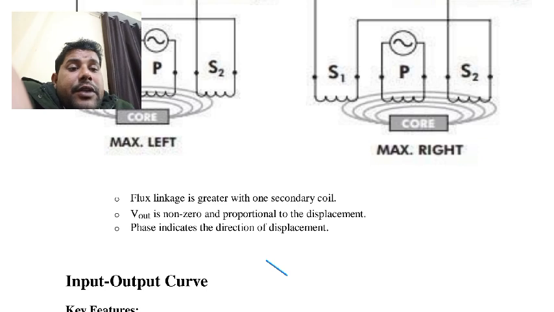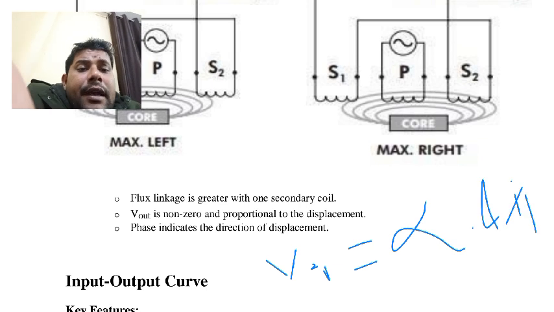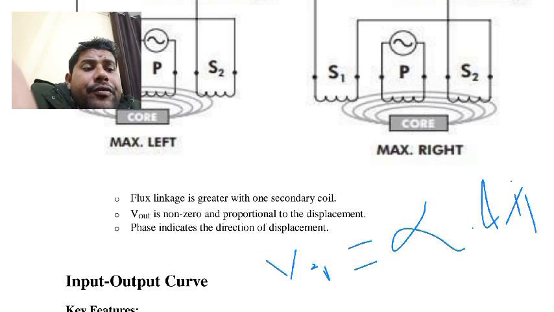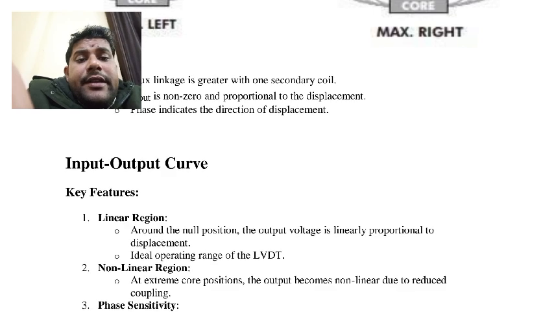This voltage is proportional to the displacement. The phase indicates the direction of displacement. Next, the input-output relation curve.